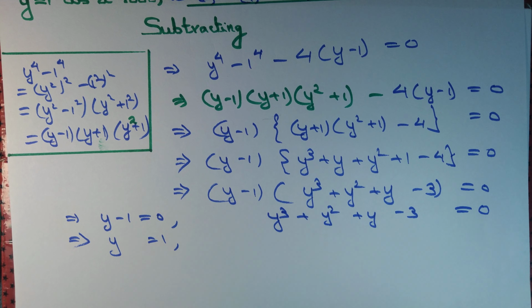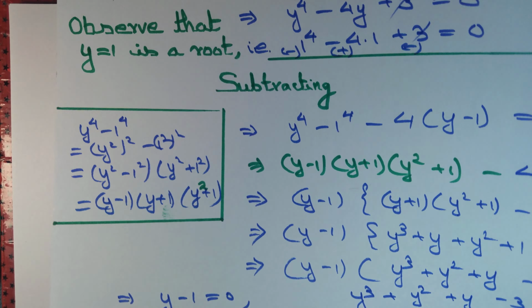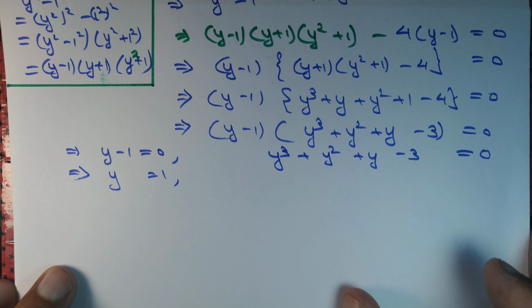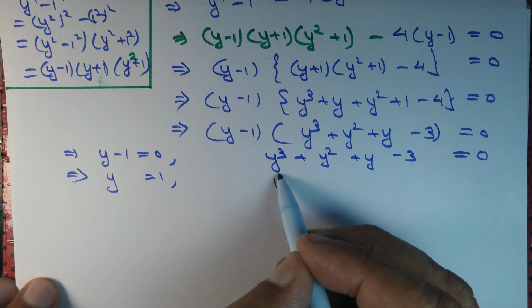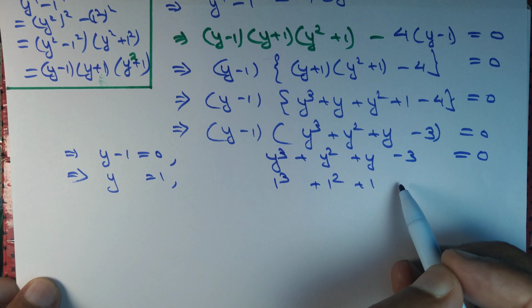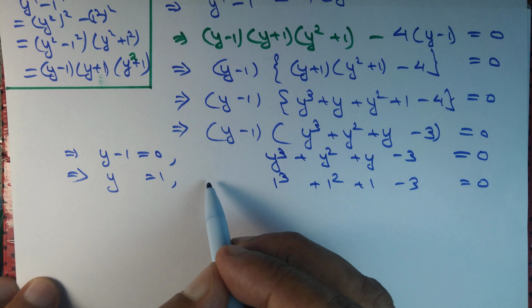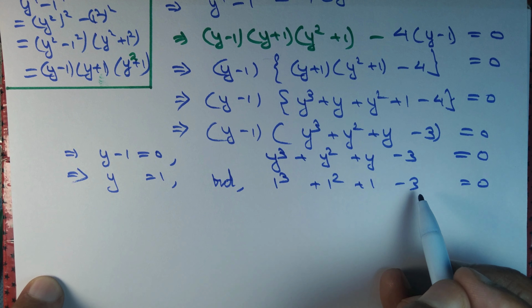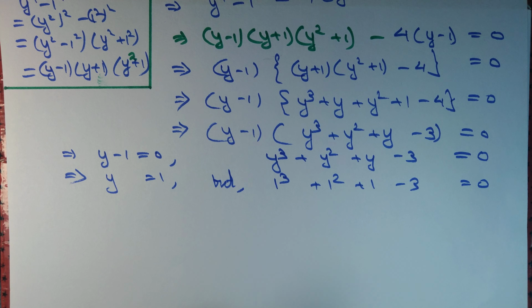So we can simply factorize it out by writing 1 cube plus 1 square plus 1 minus 3 equal to 0.